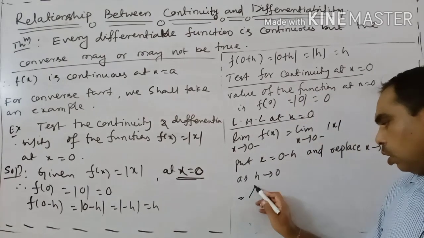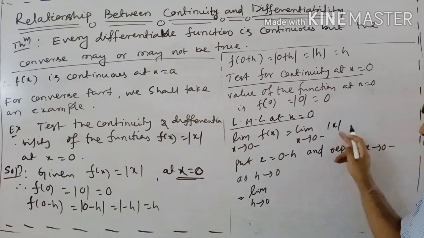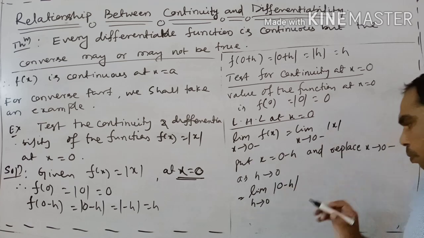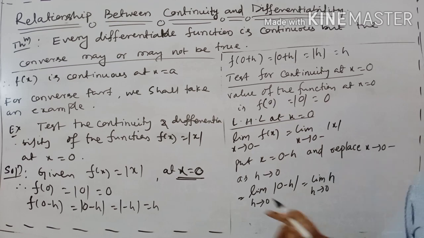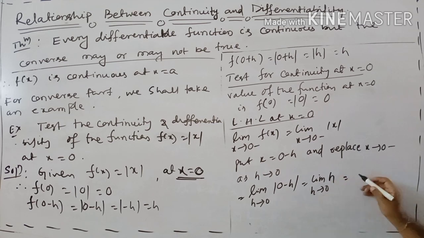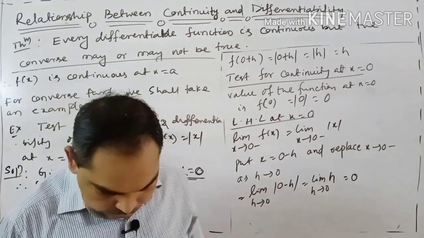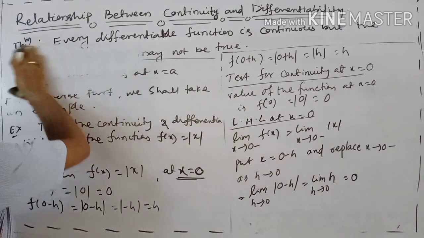So this is equal to limit h tends to 0, mod of 0 minus h, which is equal to limit h tends to 0, mod of 0 minus h is plus h, and putting h equal to 0 gives 0. So this is LHL. Next, to find RHL.